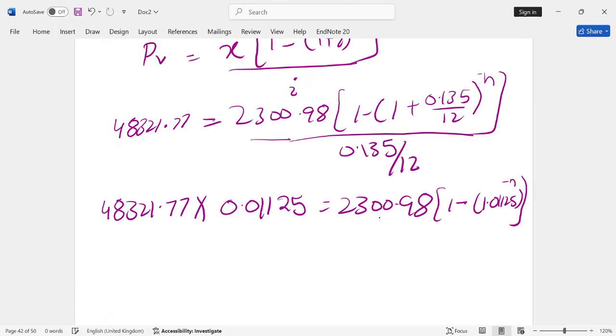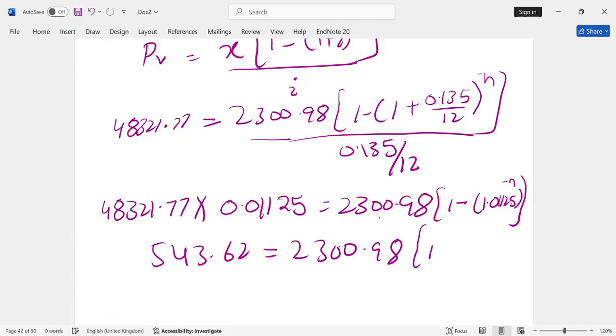When you're solving this, we get 543.62 equals 2,300.98 into 1 minus 1.01125 power of minus n. Be careful about the calculations.